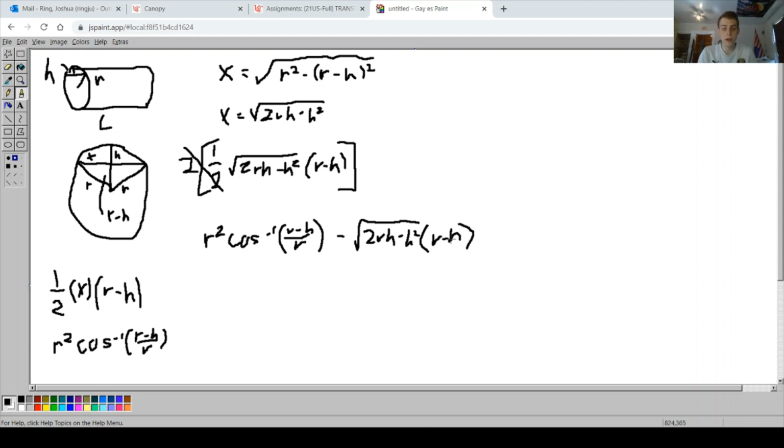So to find the area beneath the water level, we will take all of this and subtract it from the area of the circle, which is pi r squared. So I'll go ahead and write that out here. Let's make that a little smaller. And then all of this is going to be in parentheses.